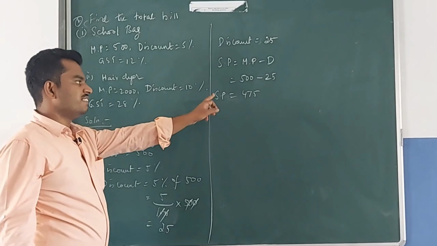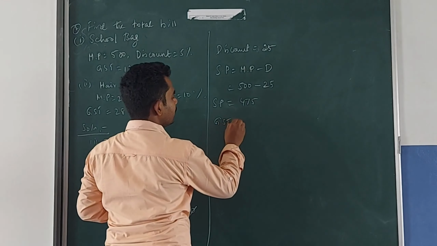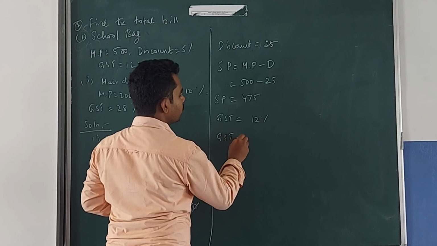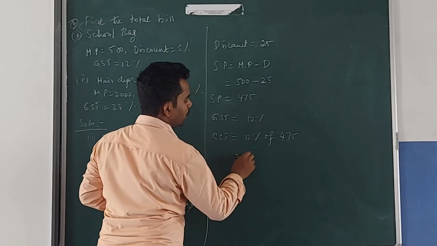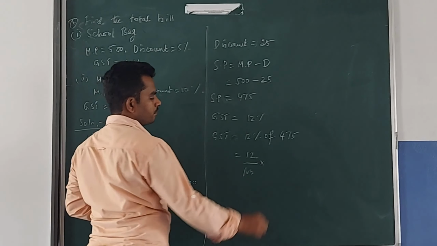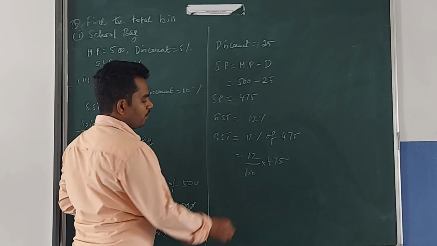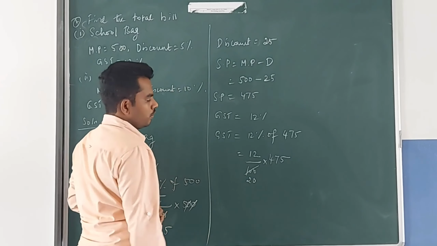So this is selling price. Next, for this amount you have to find GST. GST is 12%. So GST equal to 12% of 475. So 12 by 100 into 475. Cancelling on fifth table 2, 0.